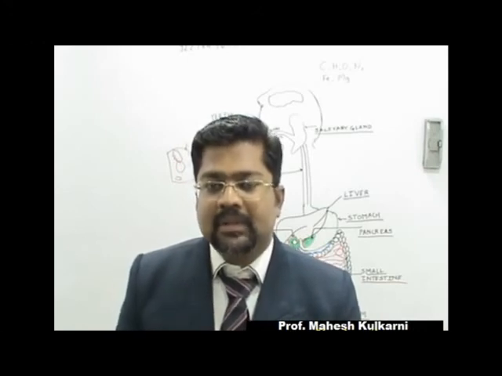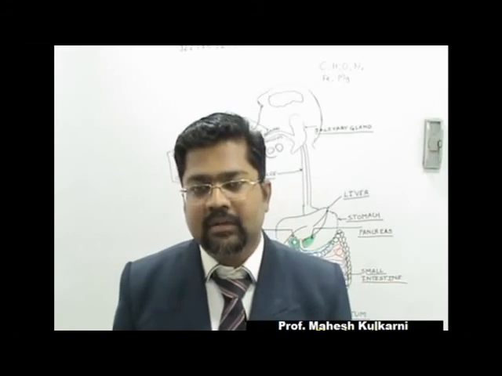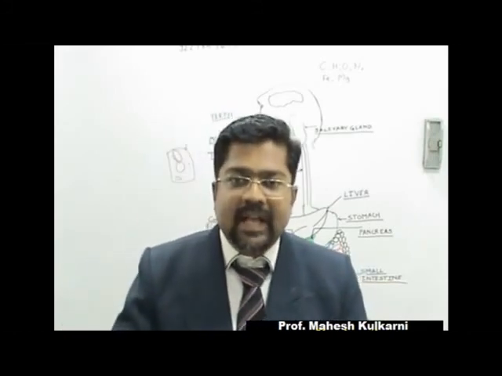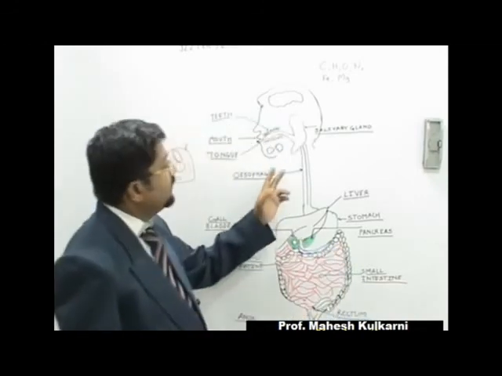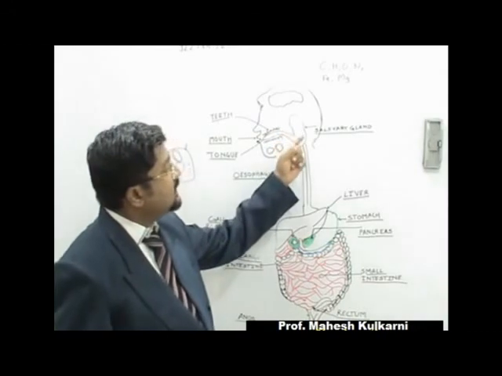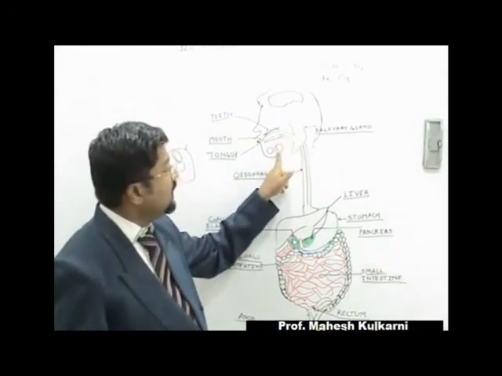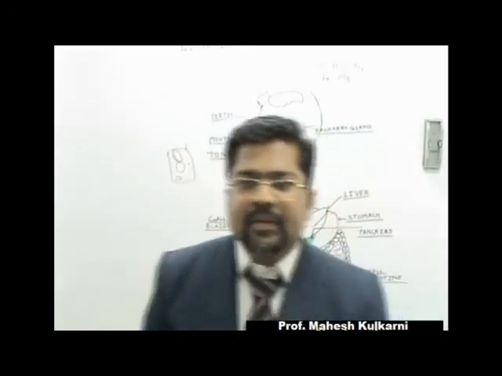But for that purpose, to make grinding easier, a set of glands is important, and we call these glands salivary glands. Here there is a set of salivary glands from this side. So salivary glands are there.